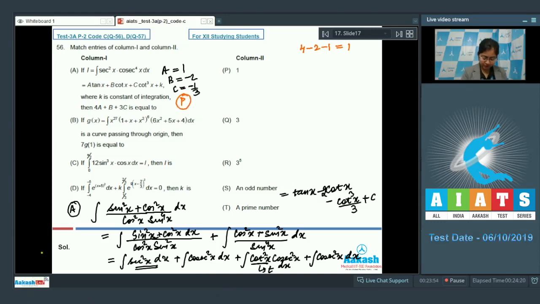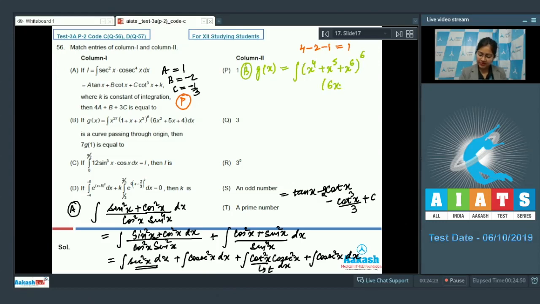Now option B says that we have to find g of x equal to the integral. It can be written as x raised to the power 4 plus x raised to the power 5 plus x raised to the power 6, whole raised to the power 6, and giving x cube to the second bracket.